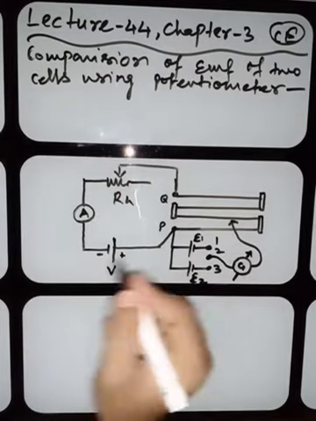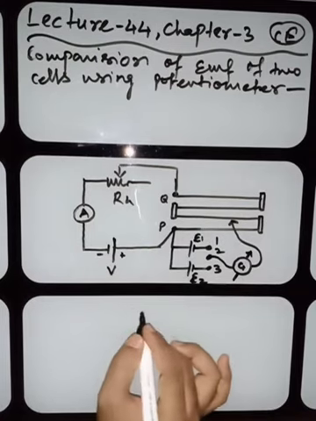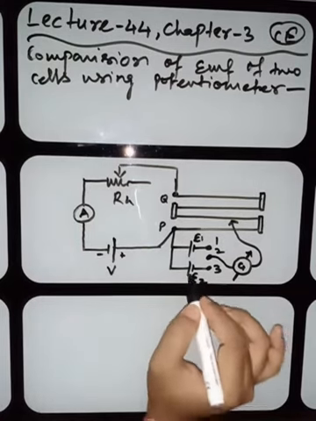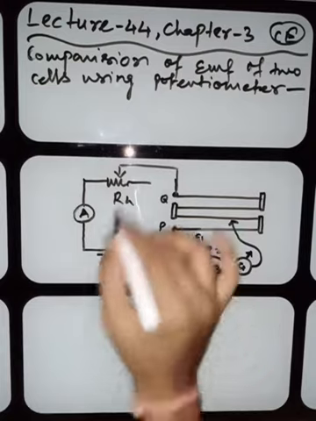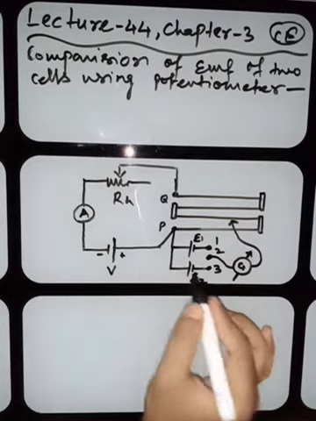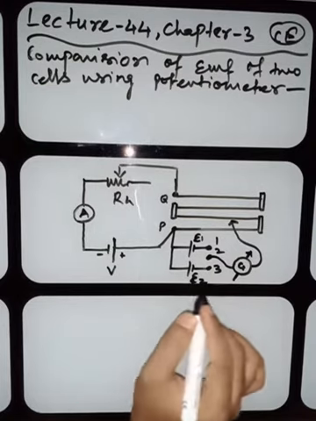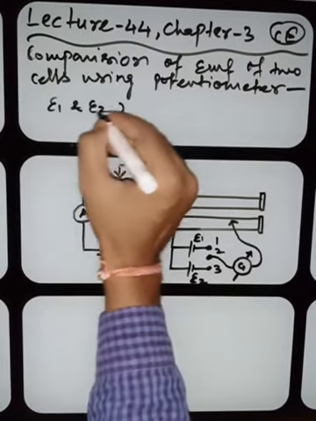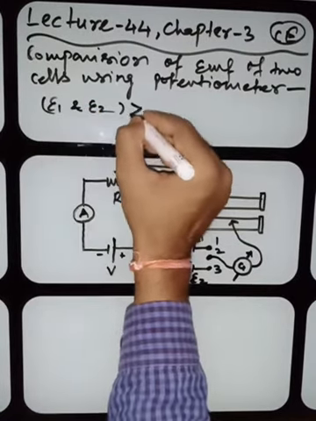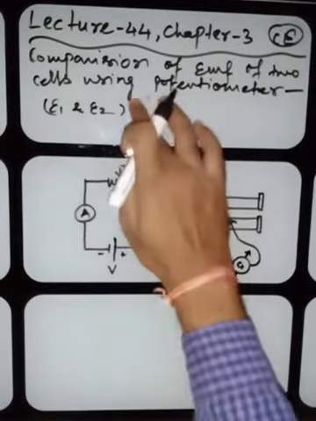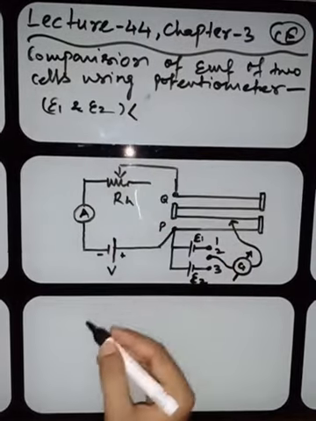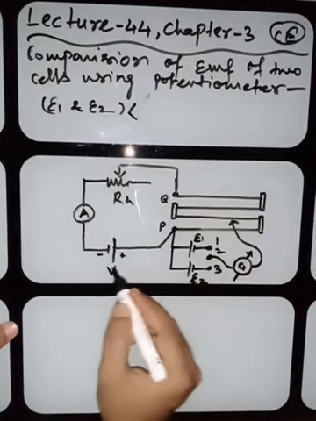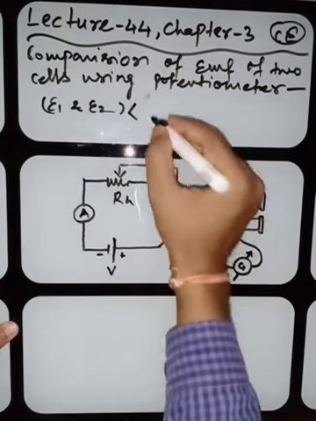The first thing we know very well, to do the experiment, because this is also part of the experiment you have to do. The first thing that should be in our mind: the EMF E1 and E2 should be less than the potential drop across the length of the wire, that is the driving cell.